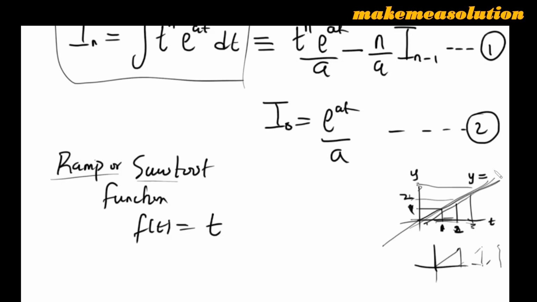Your y is equal to t, or your y of t is equal to t. So y of 1 is 1, y of 2 is 2, y of 3 is 3, and so on and so forth. So that's why you have it like this. So it's a ramp function, or it's the same as your sawtooth function. That's when you just have sections of the function like this.